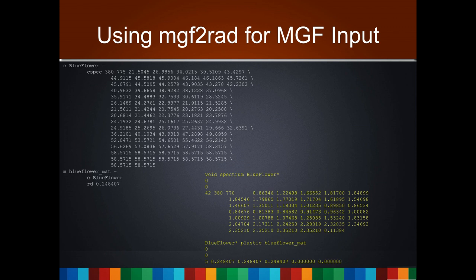This gets converted by MGFT-RAD with the -S option to spectral radiance description. So here you can see sort of a one-to-one correspondence here, although this is, I think, in percent, so that gets modified.